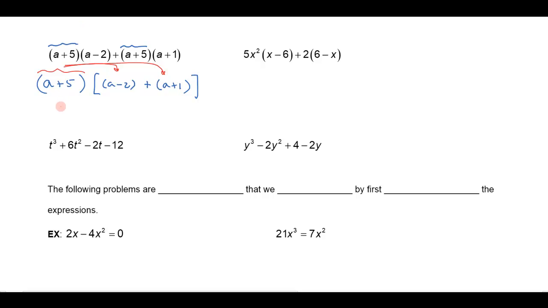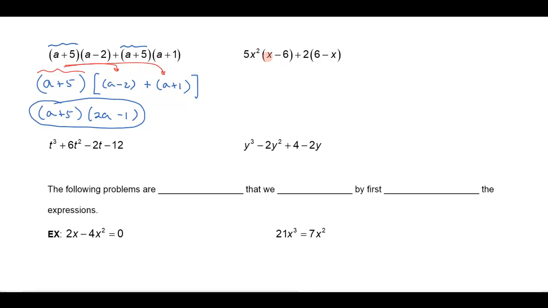Okay, so if I take this one step further, notice that I have some common terms inside these brackets I could combine. I've got an a and an a, that makes 2a, and I got the negative 2 and the 1, that makes negative 1. So that was sort of a quick little somewhat tricky way to factor that ends up being much easier than multiplying those out that students often make the mistake of doing.